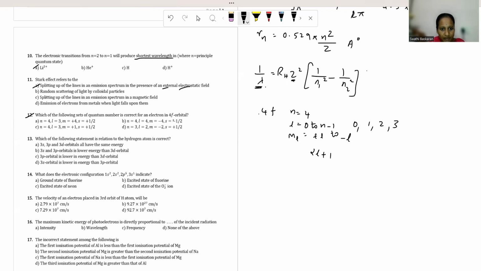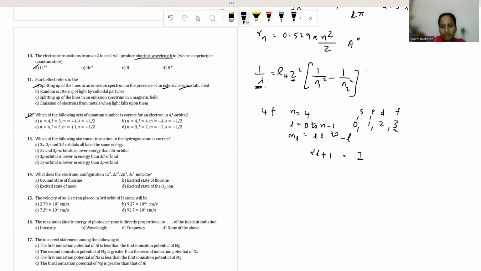So for F, L value is equal to 3, because all of us know, based on the azimuthal quantum number, if L is equal to 0, then it is S. If L is equal to 1, it is P. If L is equal to 2, it is D. And L is equal to 3, it is F. To get the total ML values, we have to substitute the L value in 2L plus 1, which is 2 into 3, that is 6, plus 1, you will get 7.